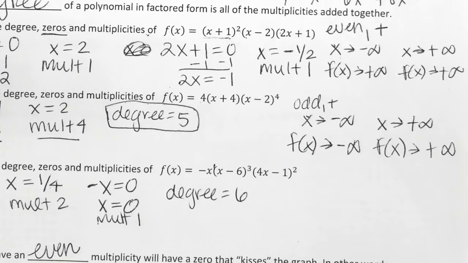Think about when you're multiplying negatives and positives together. Like this first term is negative, right? This first term is positive. And so if you multiply a negative and a positive number together, you get what?